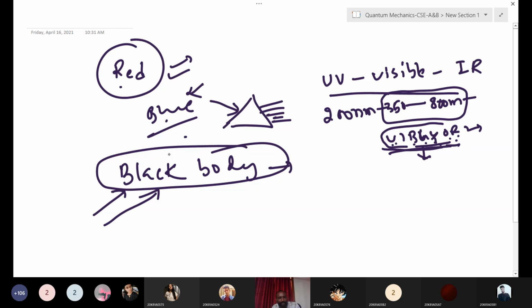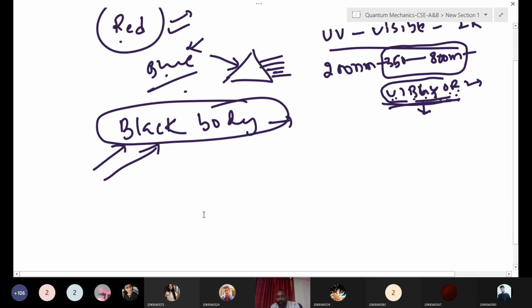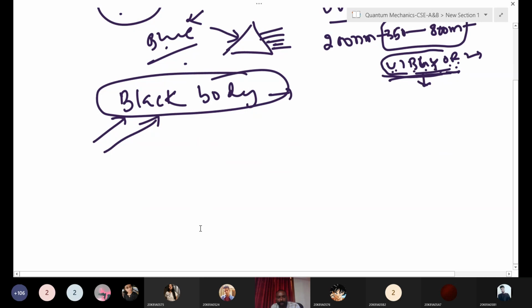That is why it looks black. What is the definition of a black body? The body which absorbs the complete light, whatever is incident on that body. That is the black body definition. So you can write the black body definition.